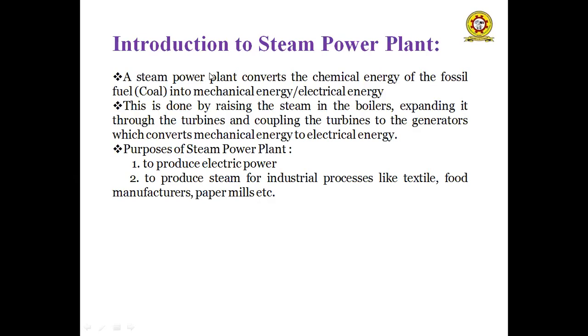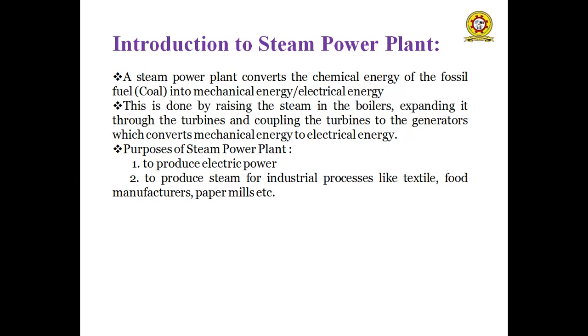Introduction to the steam power plants. Steam power plant converts the chemical energy of the fuel into mechanical energy and then electrical energy. Means if we take the fuel, coal, by combustion it is converted into mechanical energy, and this mechanical energy generates the electricity.